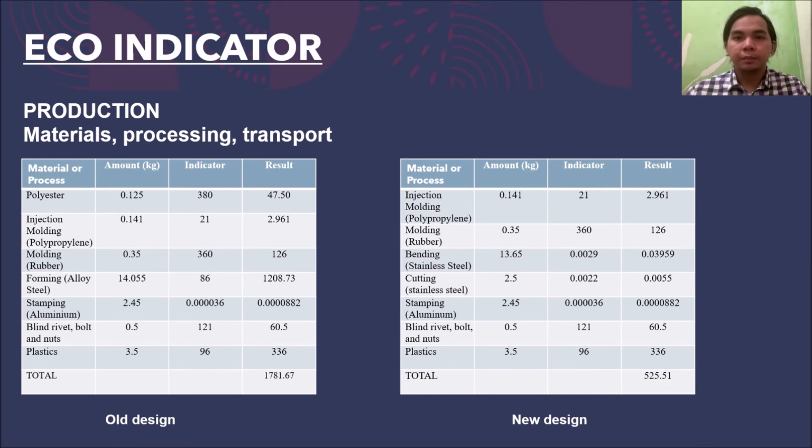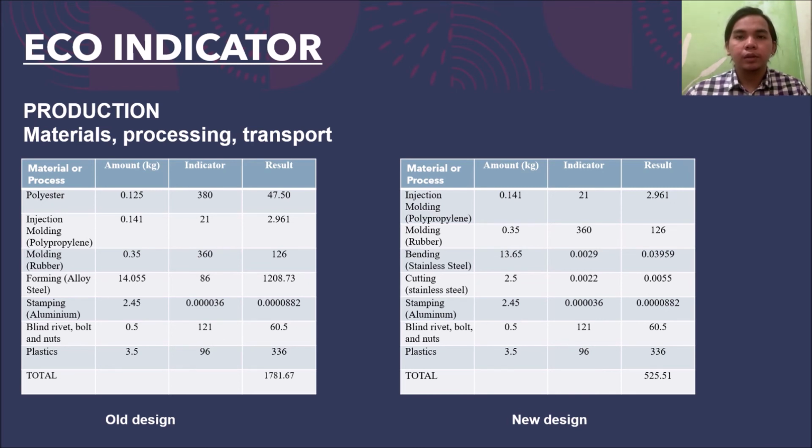Firstly, for the production part in this eco indicator, the total result we get from the old design is 1781.67, compared to the new design, where we only get around 525.51.